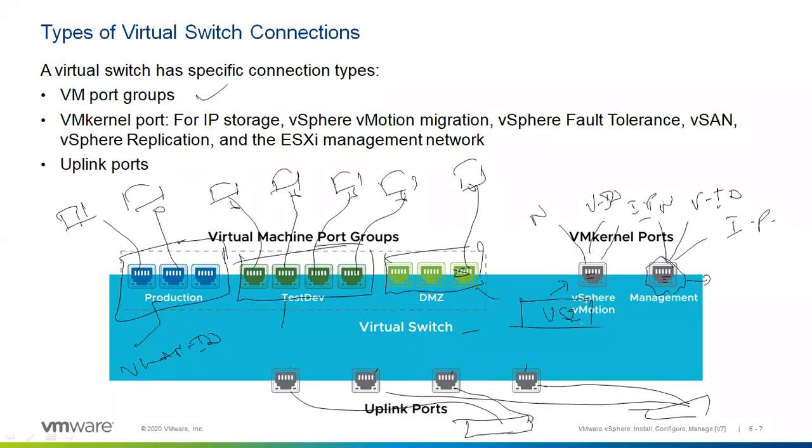That's not possible. Let us say here is virtual switch 1 and here is virtual switch 2. You map virtual switch 1 to these two uplinks. For virtual switch 2, I cannot use these two uplinks. I have to use others.